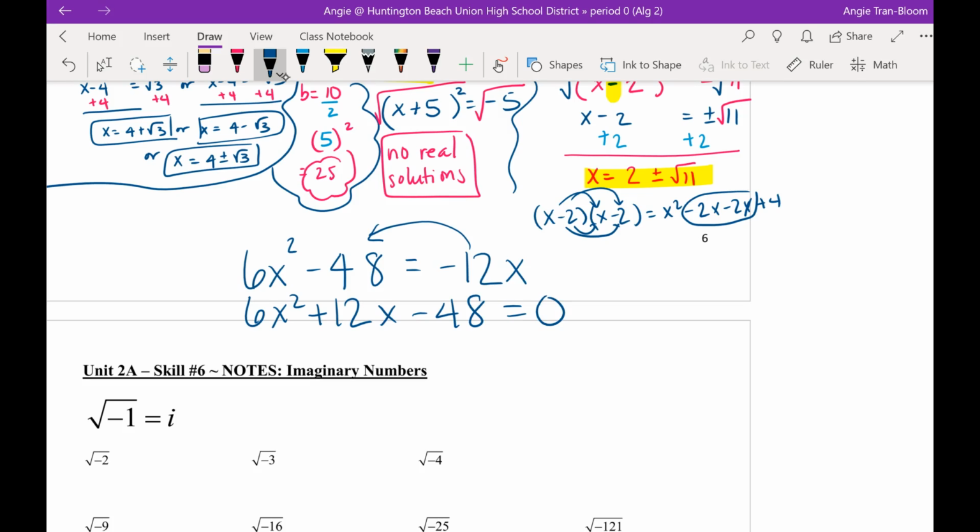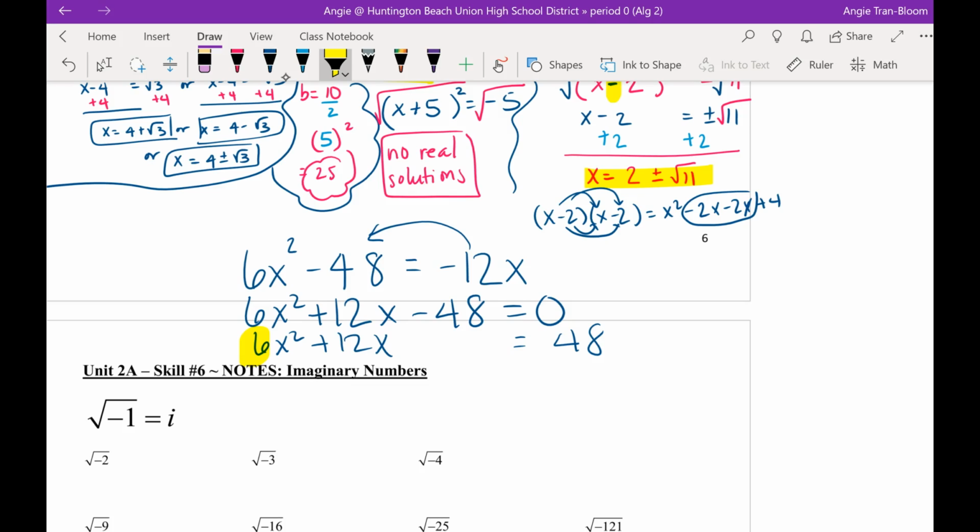The note said you have to move c to the other side. So now you have 6x squared plus 12x equal to positive 48. Is that still okay? But here's the part that's slightly different from your notes. Can you see this is not just simply x squared? What is it? 6. So how do I get rid of it?